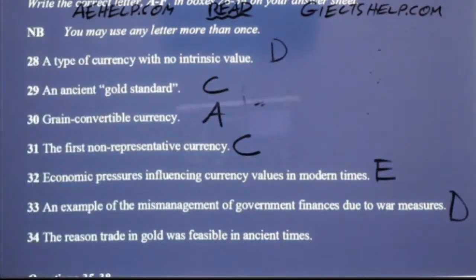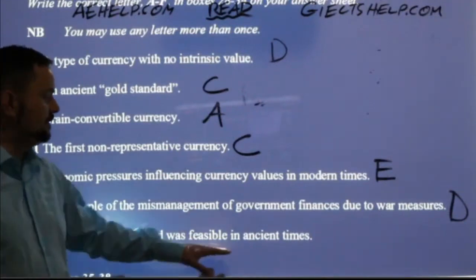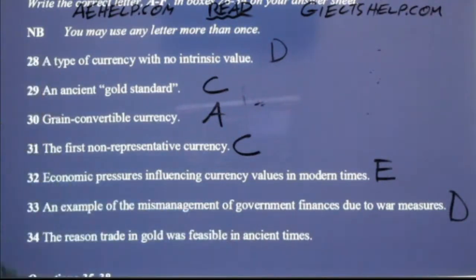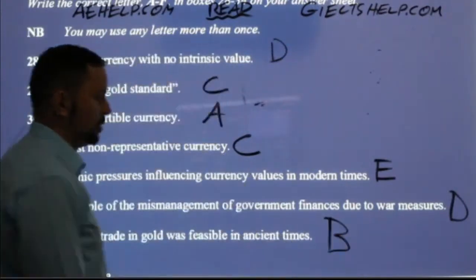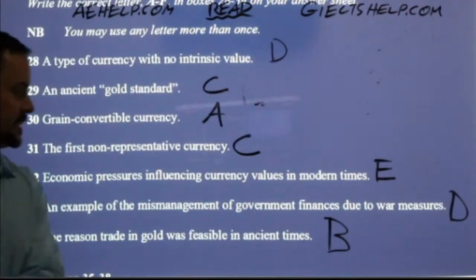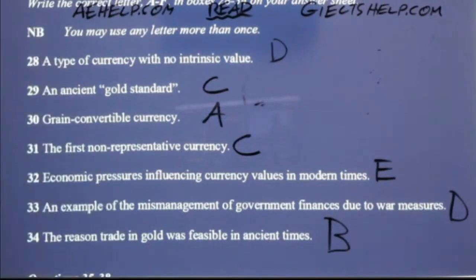Okay, and then the reason trade in gold was feasible in ancient times. Number 34, last one here, what is that? Yeah, B, absolutely. That was the one explaining how gold worked in ancient Greece, the Lydians, and B. Okay, there we go.